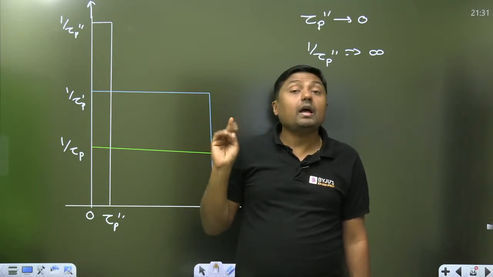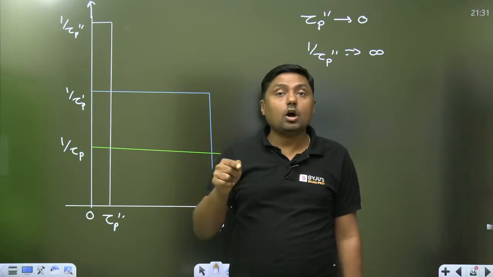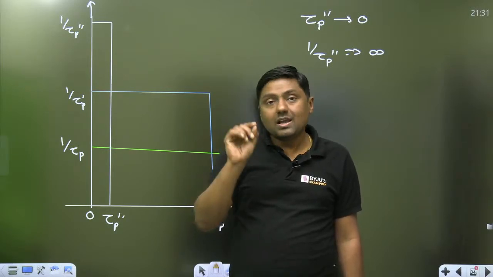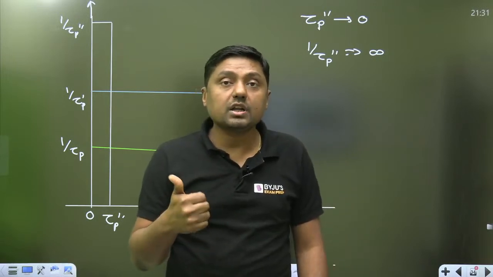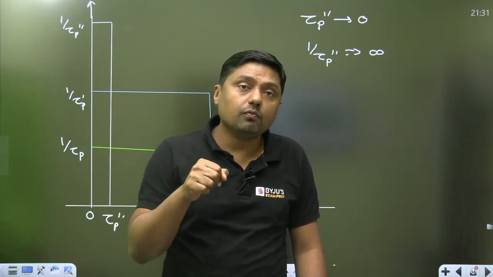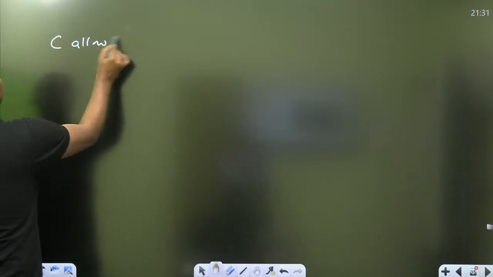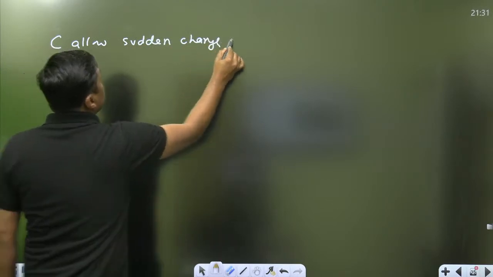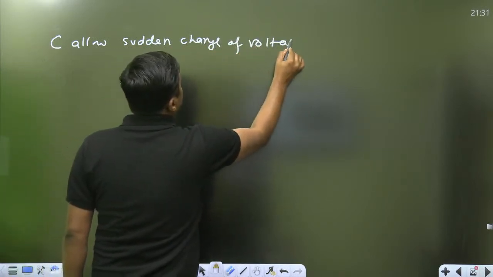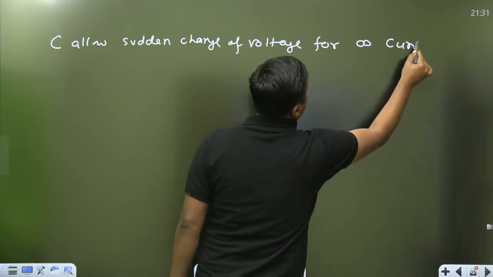So capacitor allows sudden change of voltage for infinite current, and inductor allows sudden change of current for infinite voltage. Write it down, brother, don't get confused. Capacitor allows sudden change of voltage for infinite or impulsive current.